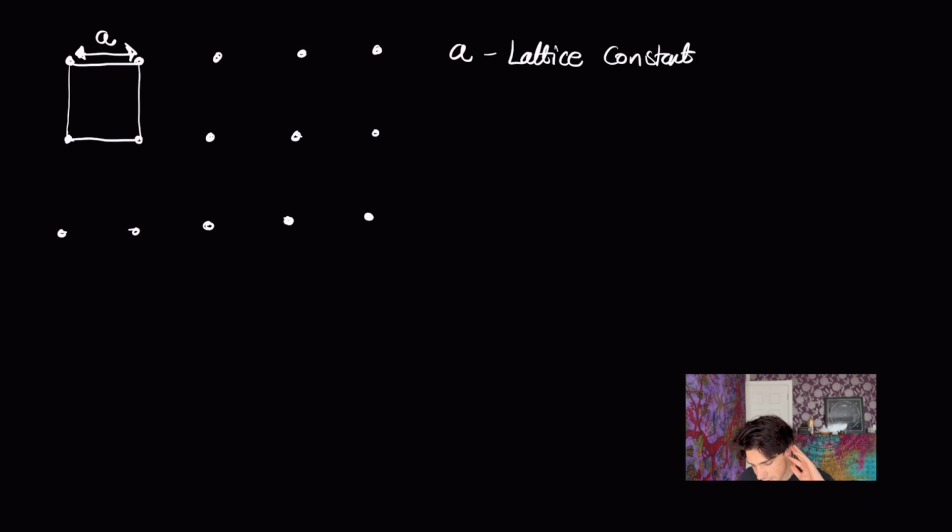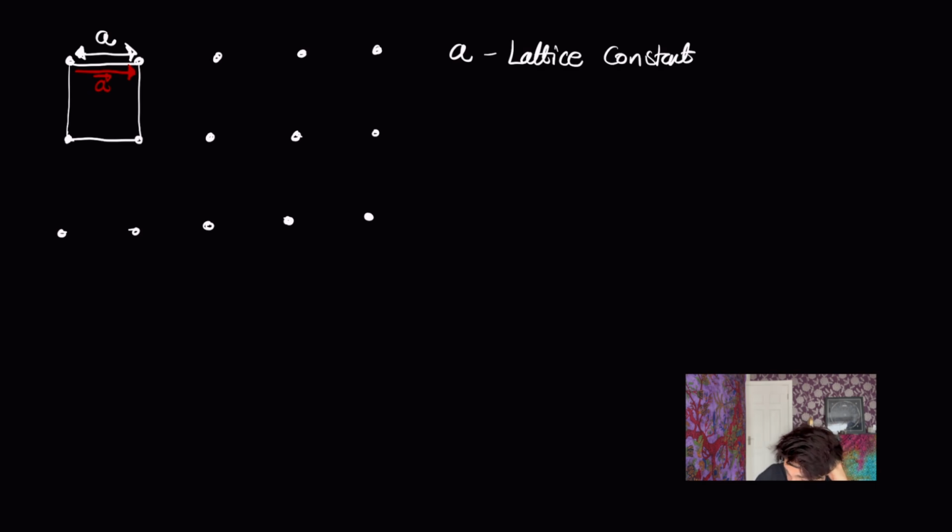But in condensed matter physics, being the physicists that we are, we like to use vectors. And so what we do is define a position vector, which is also called A, as being the position vector from, say, this point, if we take this point to be the origin, to this point right here.